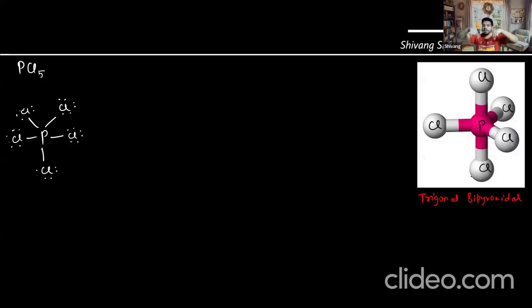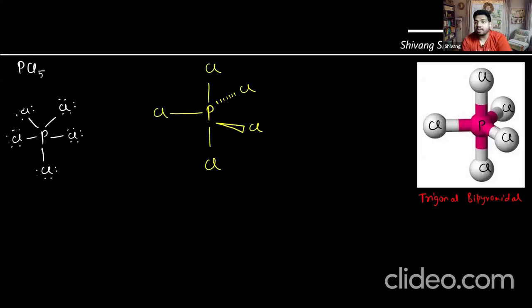So three in this 120-degree angle, one perpendicular on top of the plane, and one perpendicular bond below the plane, right? If we have to draw in 2 dimensions, it will be like this. Dotted bond to show it is going inside, triangle to show it is coming outside, chlorine, and then chlorine and chlorine. This is how we should draw it in 2 dimensions.